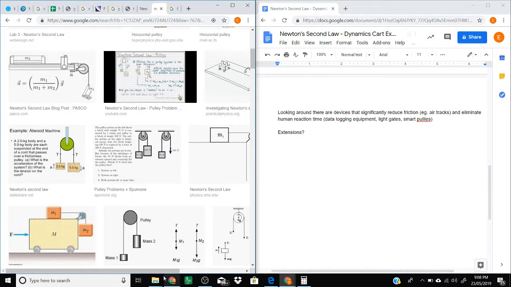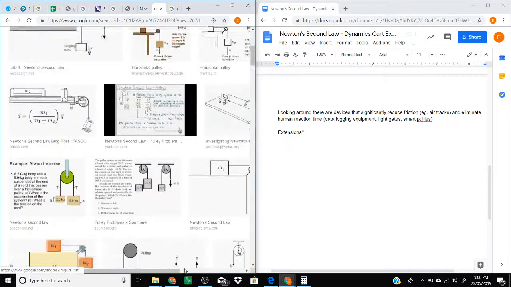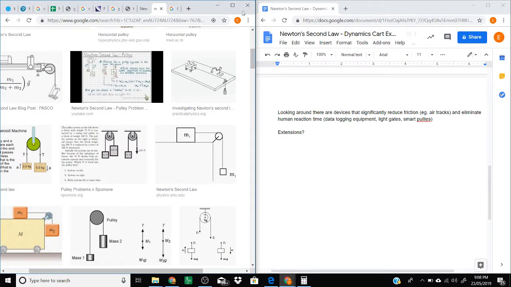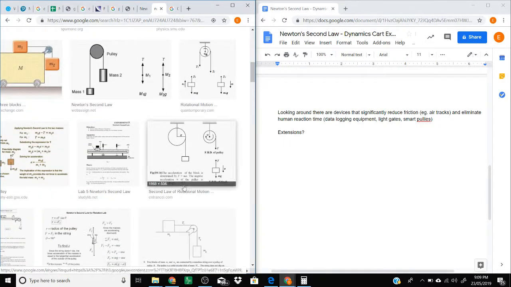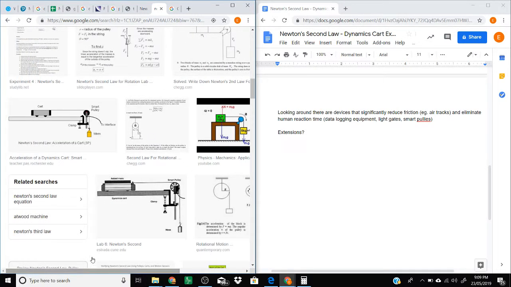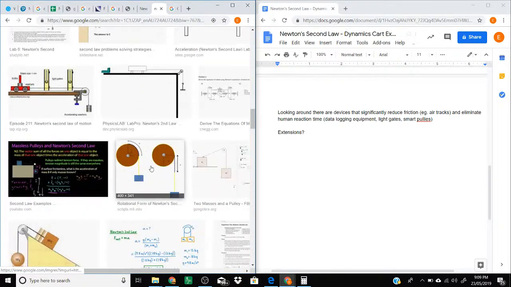Maybe if we have a look at some of these images. What could you do? We've talked about the light gate. That's a light gate there. I saw some pictures where they were doing it.